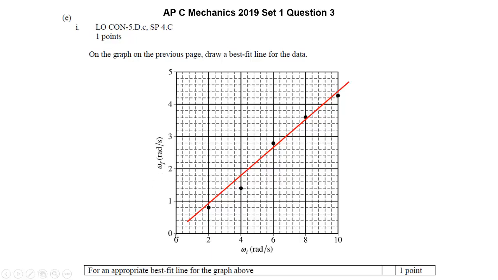Right? So it should go through 0, 0 logically. Note here, they have several points below and several points above. And that's what they'd really be looking for to see if it's an appropriate best fit line. They give you a little wiggle room here, right? But that's just one quick point, but make sure it's linear and make sure you have some points above and points below. Try to average them out in your head.